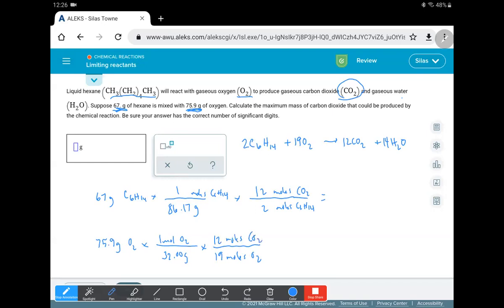So this is the primary reason why we cannot just use mass. First of all, it's 86 versus 32, and then we have significantly different mole ratios. So I'm going to solve for moles of both.